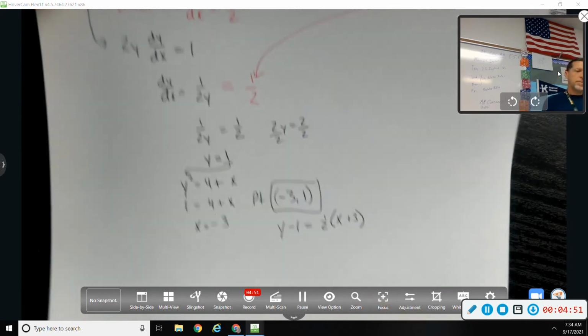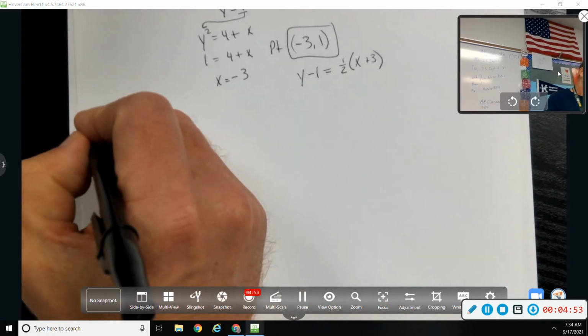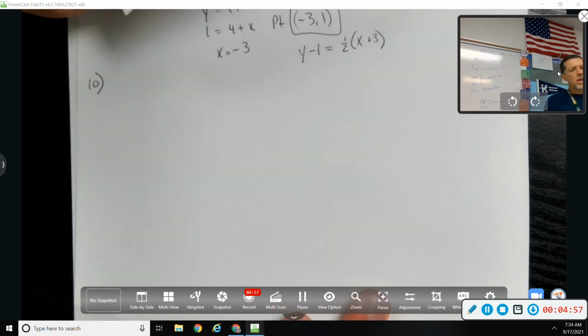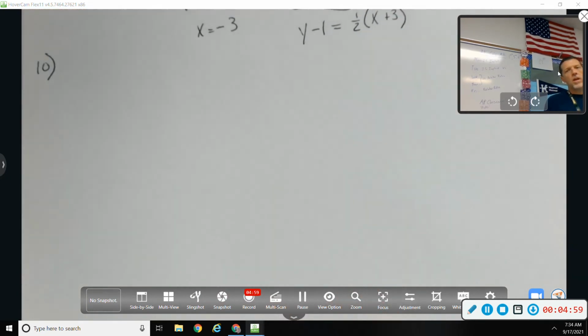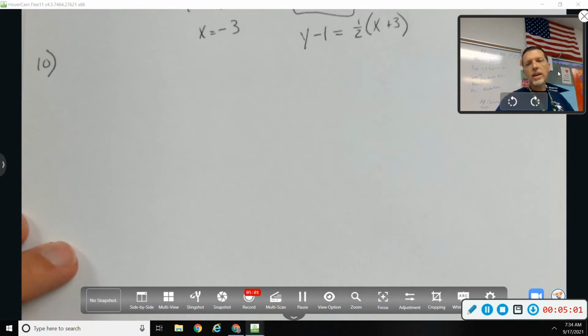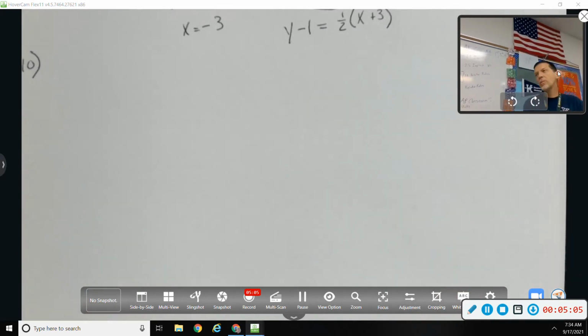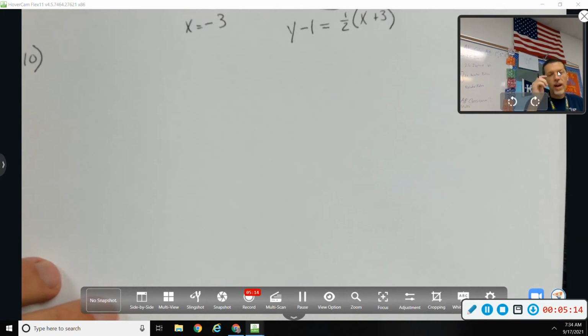AP graders, if your work is really messy, they'll try. If they can't read it, no. But if you magically come up with the right answer and your work doesn't support your answer, you won't get points for it. I do that in pre-cal.